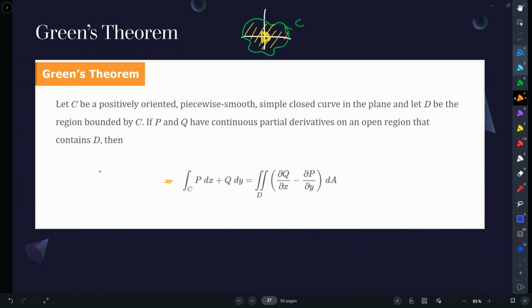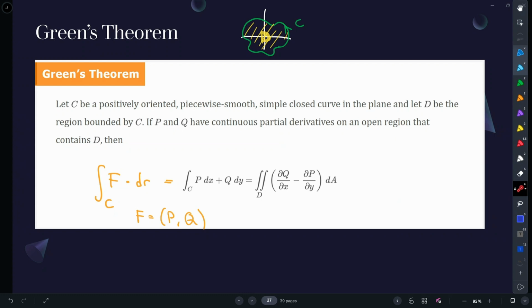This is what we call the integral of F dr, the integral of a vector field over C, with F being the vector field with coordinates P and Q. So it's telling you that there is a relationship between line integrals: you have a vector field on your border. It turns out that I can compute the value of that line integral by computing an area integral, a double integral of this other function that relates the derivatives.